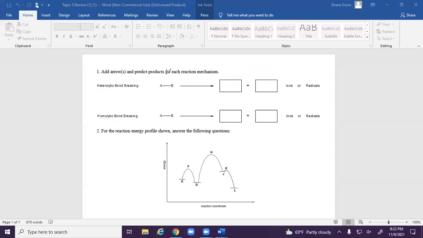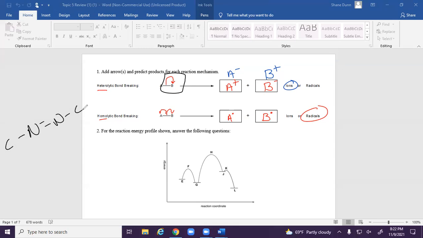Homolytic bond breaking usually occurs between atoms that are the same. An example of this would be nitrogen right here. Both nitrogens are going to form a homolytic bond.